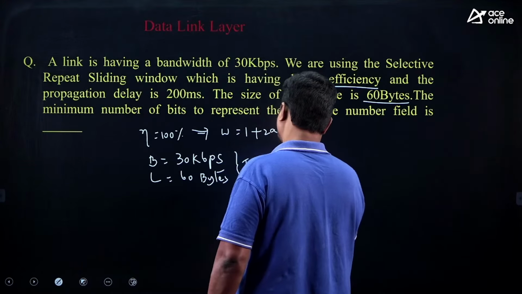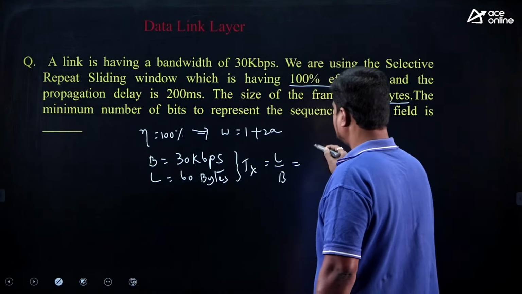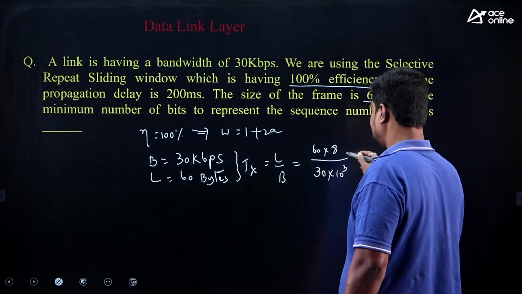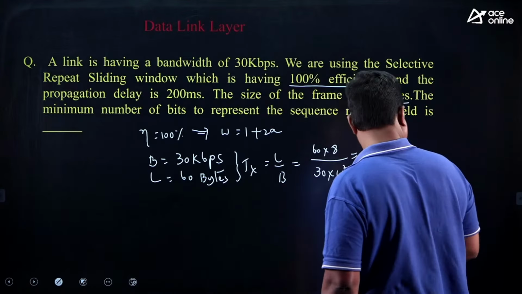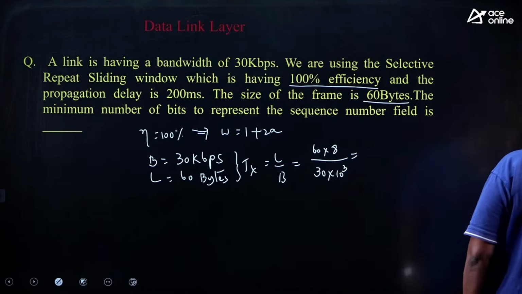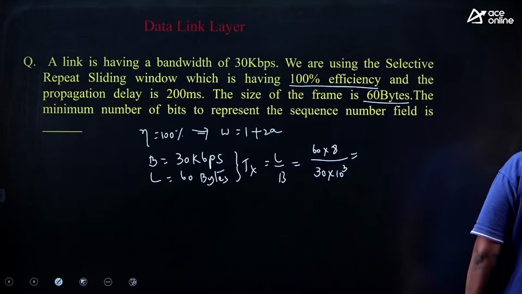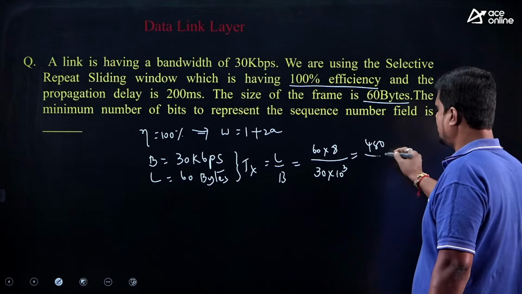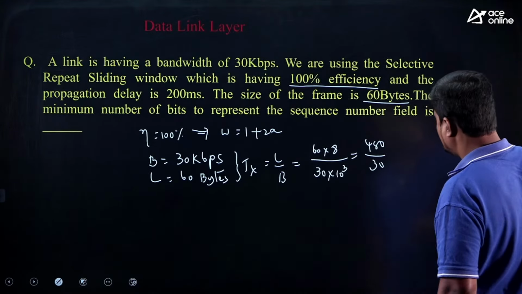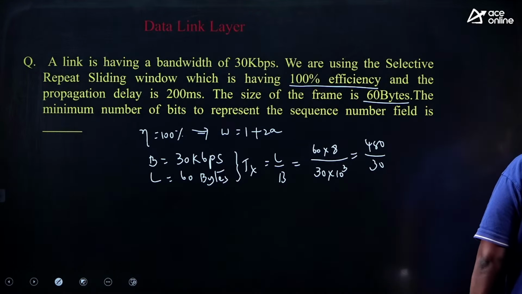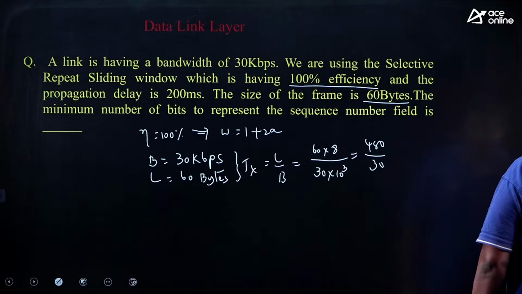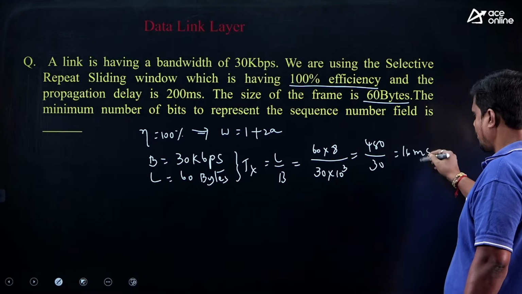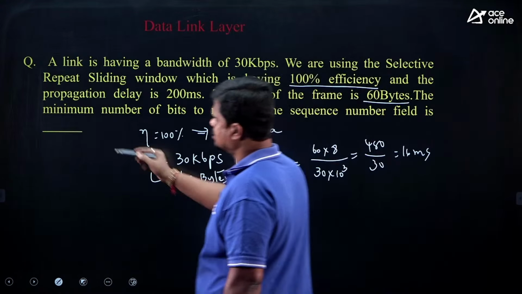From these two you can calculate Tx, which is L by B. So it is 60 into 8 by 30 into 10 power 3. 60 into 8 is 480, by 30. If I calculate, I am getting 16 milliseconds. So Tx is 16 milliseconds.